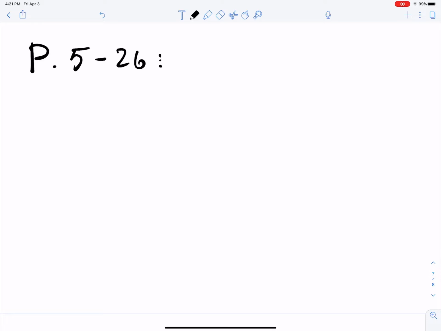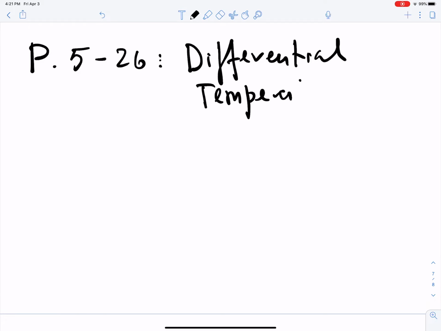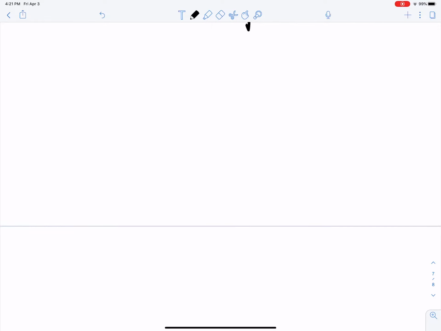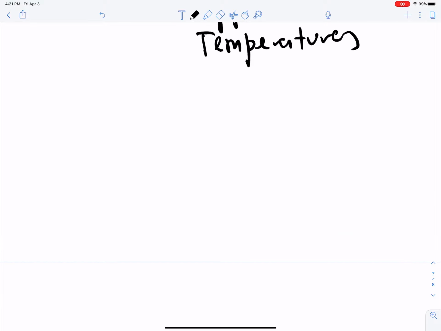That covers differential temperatures. And here I like this part because it's very clever. It's a clever way of trying to understand how much bending you're inducing in your element when you apply temperature differential.